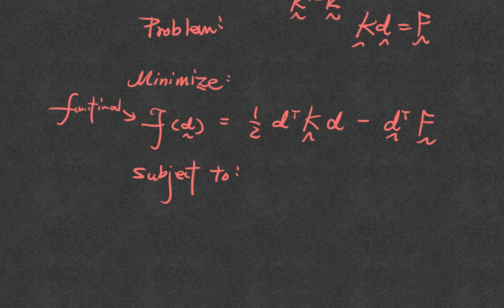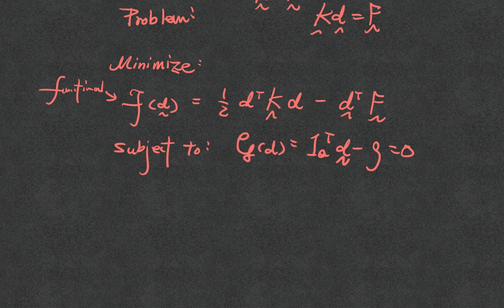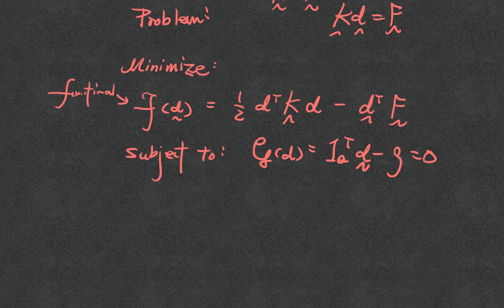Now, I'll subject it to a constraint, and the constraint could be G(D) equals to, let's just put 1 degree of freedom, I just want one particular component of D equals to G. So that would be the original constraint optimization problem.